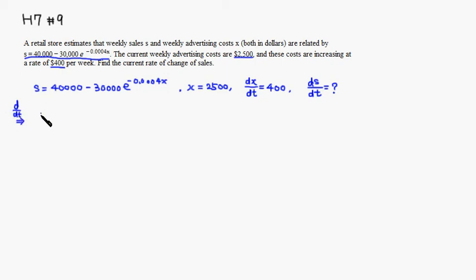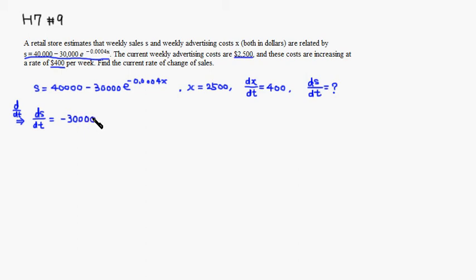The derivative of S is ds over dt, which is equal to the derivative of 40,000, which is 0 because it's a constant. Negative 30,000 is a common multiple, so I'll just put it in front.